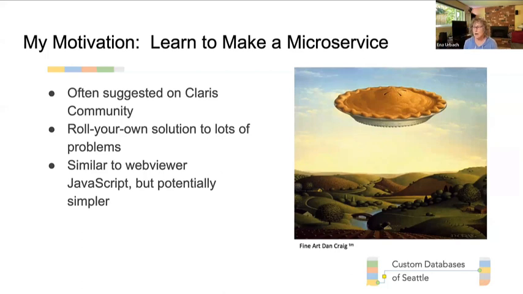And now you could argue that you have a little bit less reason to do this, because now we have a script step, Perform JavaScript in WebViewer. But potentially using a microservice is less complicated, because to perform JavaScript in WebViewer, you need to embed your JavaScript in HTML and use the window object in the document object model.